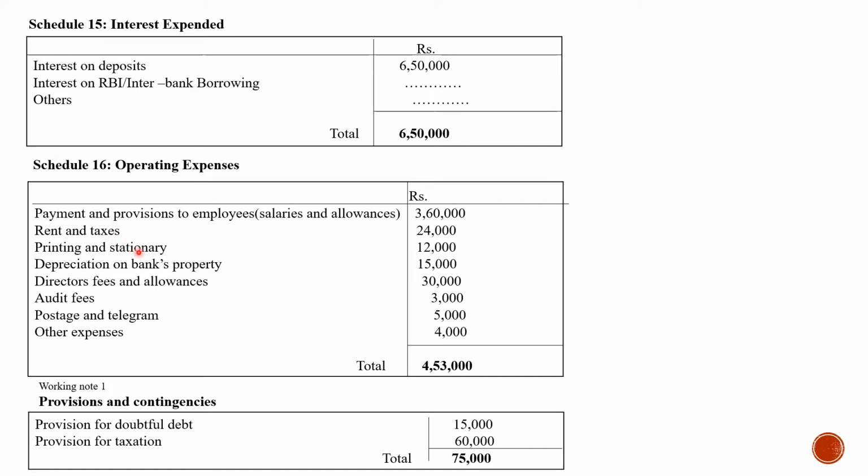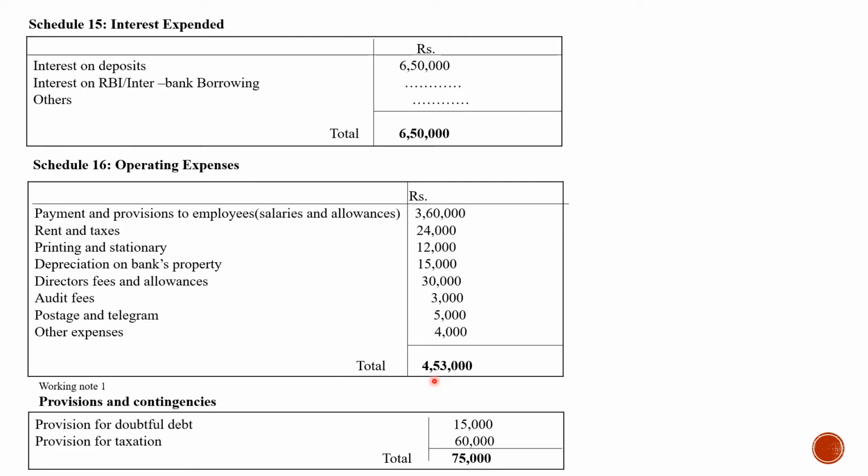Rent and taxes, printing and stationery, and all such items along with their figures you write here, and then you take the total of these figures to get an aggregate value of 4,53,000.